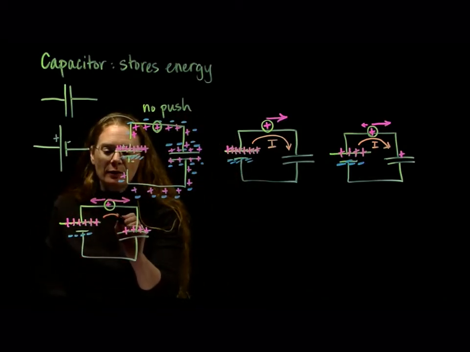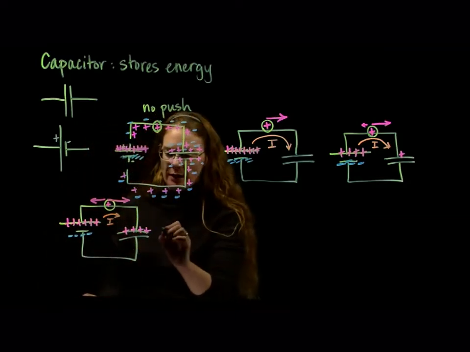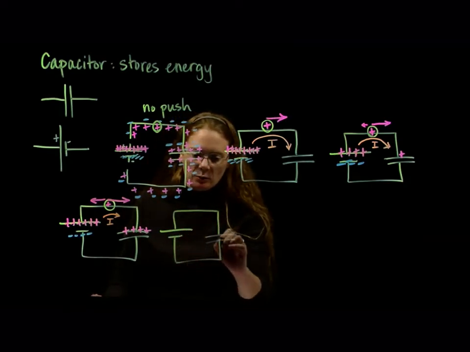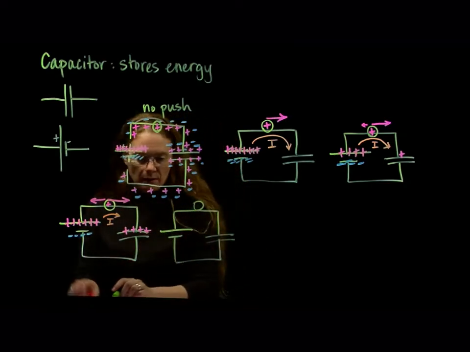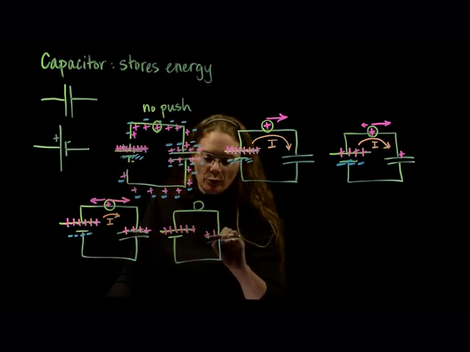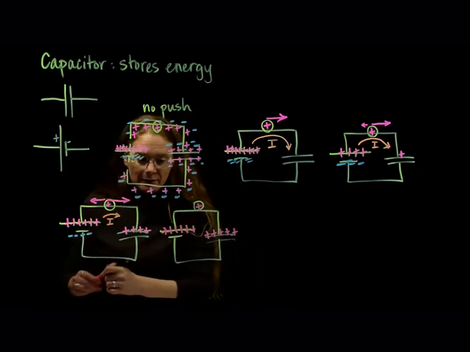We still have a little bit of current going this way until we get to the point where it is totally even, an even distribution or pressure or amount, density, whatever you want to call it.